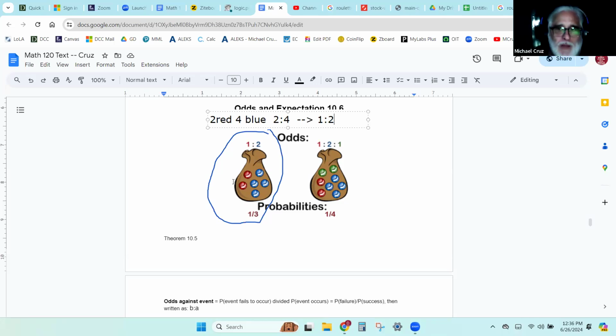And probability-wise, the probability of red is equal to 2 over 6 total, which is 1/3.